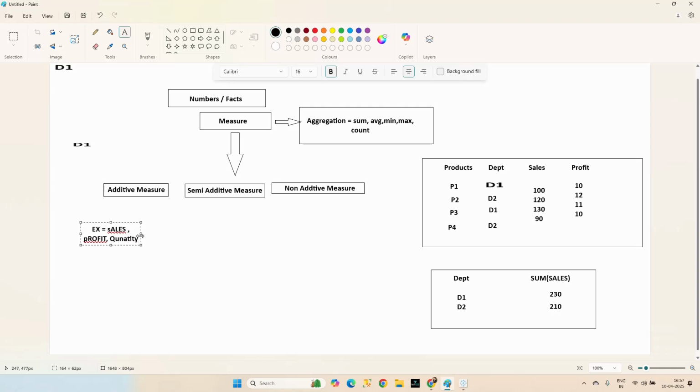If you apply all aggregations on these, you can get meaningful output. What is additive measure? If the measure is giving meaningful output after applying all the aggregations with the list of all dimensions, then it is known as additive measure. I think you got this, right? Now semi-additive.